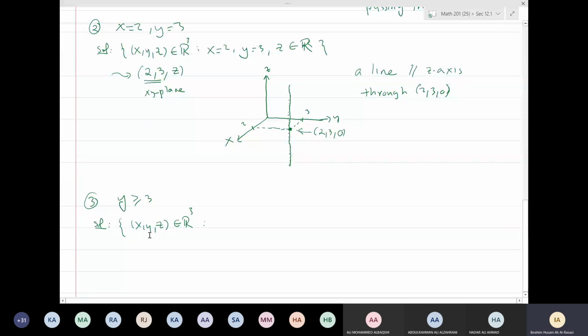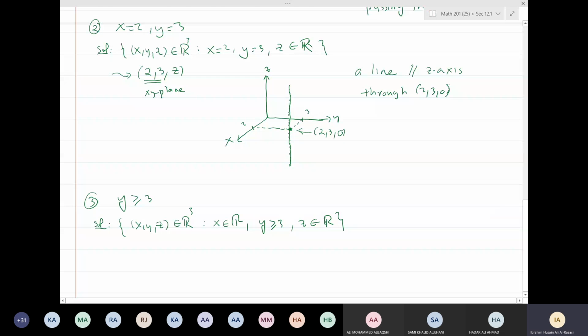What is the condition on Y? From 3 to infinity, so Y is greater than or equal to 3. What is the condition on Z? It is free. So X is free, Y has to be greater than or equal to 3, and Z is free.